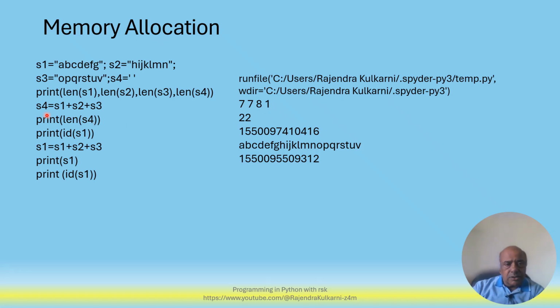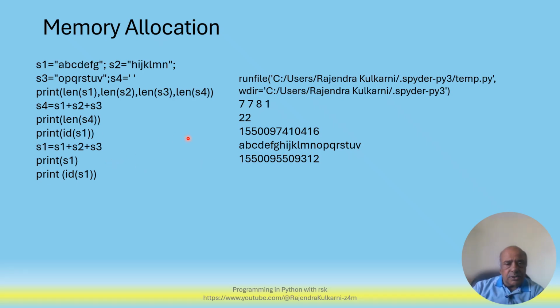Then what we have done is S4 is equal to S1 plus S2 plus S3. So S4 now becomes the amalgamated string A, B, C, D, E, F, G to O, P, Q, R, S, T, U, V. Then S1 is equal to S1 plus S2 plus S3.